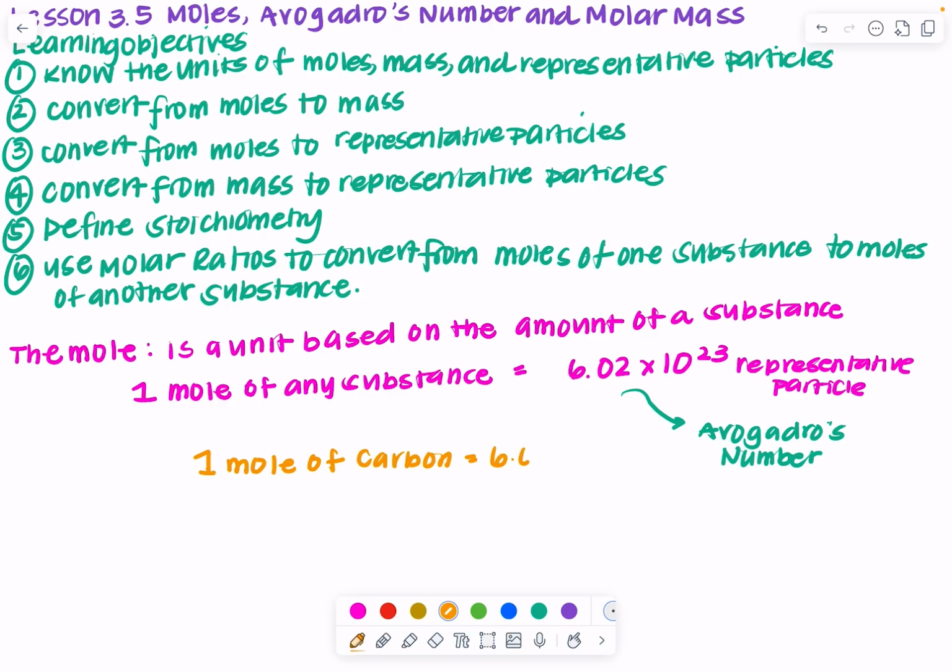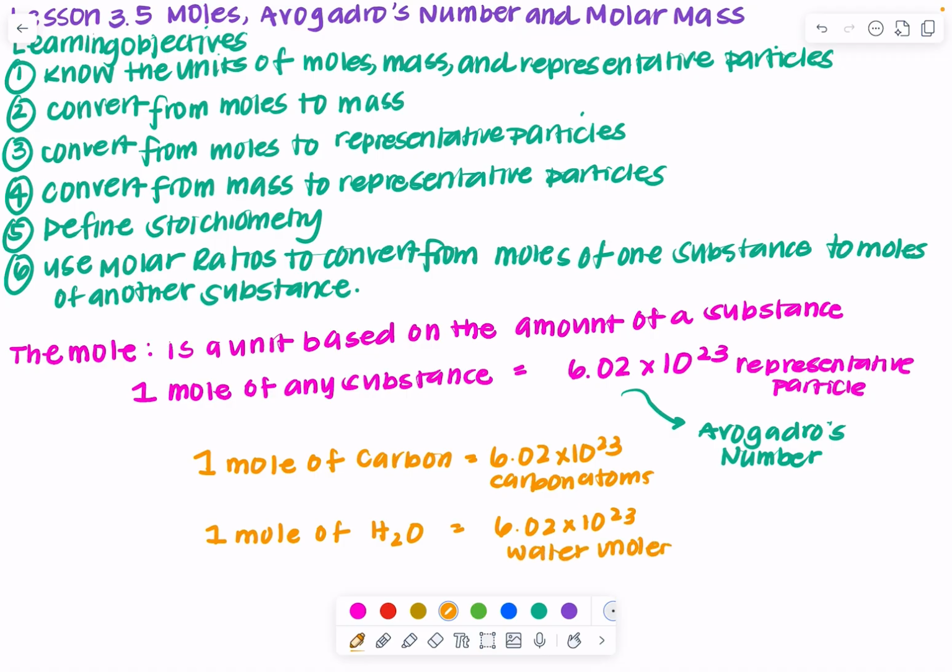That equals 6.02 times 10 to the 23rd carbon atoms, okay? And if we have 1 mole of water, that means that we have 6.02 times 10 to the 23rd water molecules. Remember, water is also H2O.